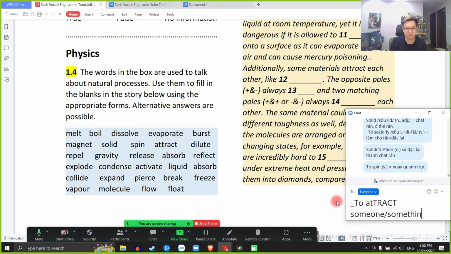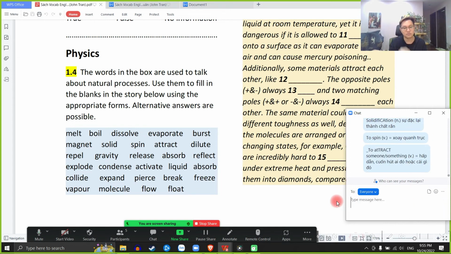To attract someone or something. Hấp dẫn, cuốn hút ai đó hoặc cái gì đó. So attraction is of course a noun. Sự hấp dẫn, sự hút. And attractive is of course the adjective.